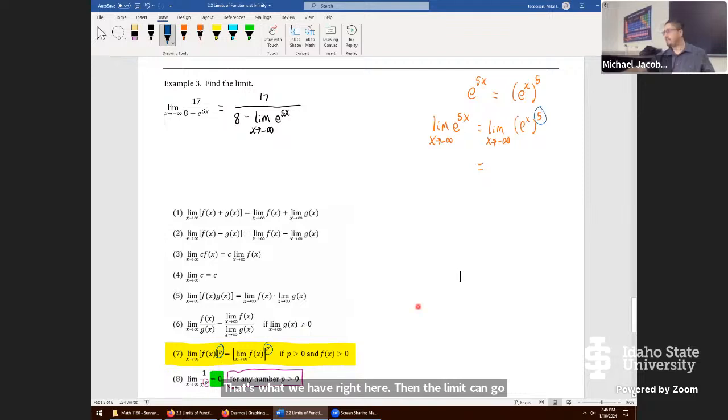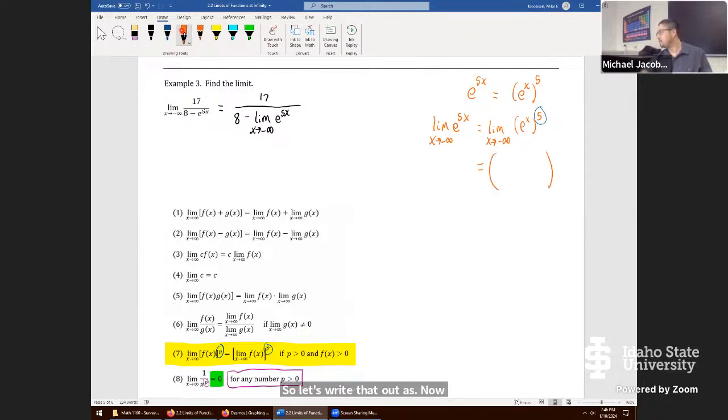It essentially is saying the limit of e to the x to the power 5 is the limit of e to the x, all then raised to power 5. So let's write that out as, now it is power 5 going out here. So that's this power that we wrote out. Let's use a bracket just to match up the notation.